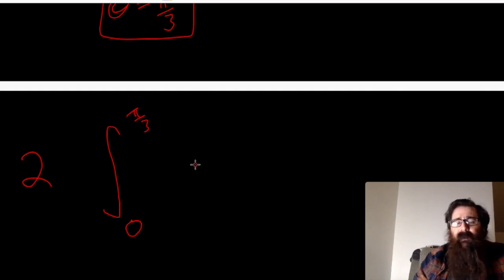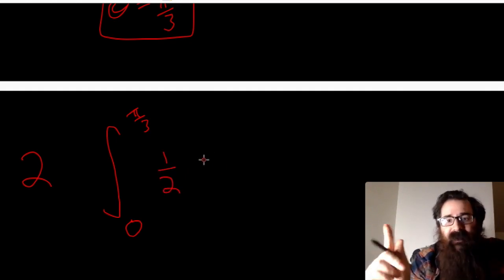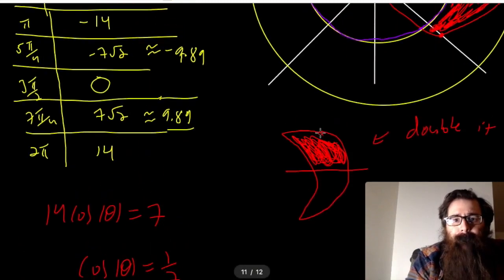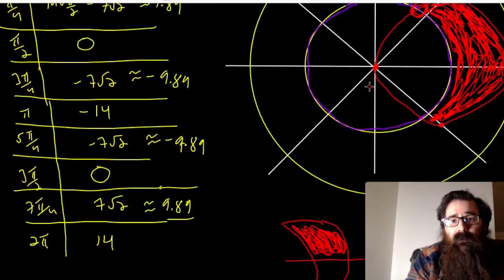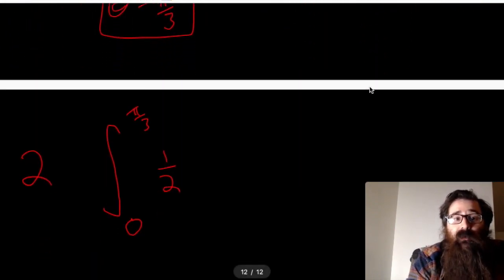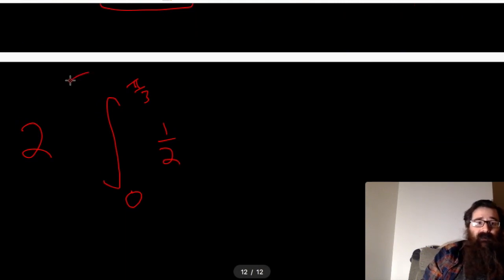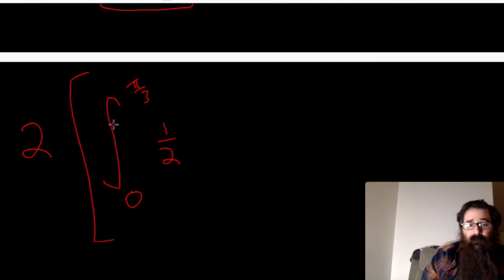Now I need to think about how I'm going to find the area. I need 1/2, and then I want r squared. But in this case, I have to be very careful because it's inside the first curve, but outside the second curve. So I could think about this as two integrals, if that helps. I could say, well, inside the first curve, so I'm still going to want to double everything, but inside the first curve would be inside the 14 cosine theta.